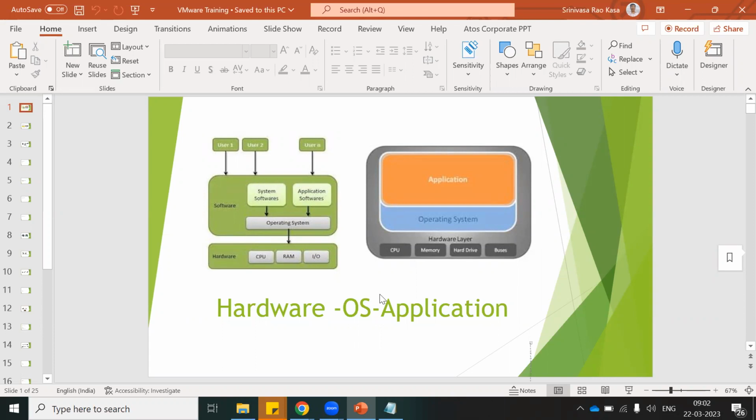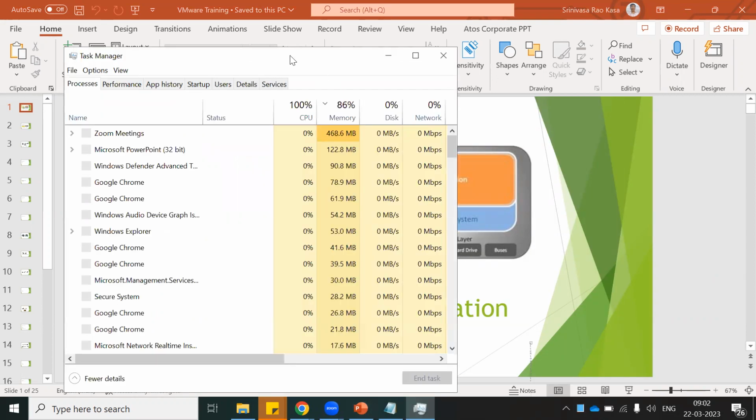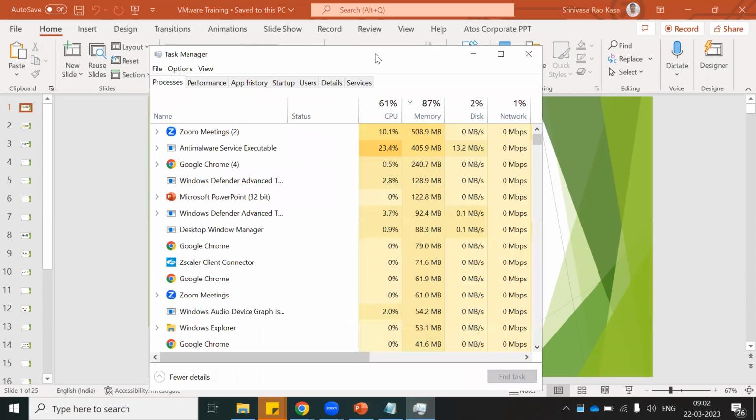For example, I'm using a laptop. On this laptop I'm using Windows 11 on laptop hardware. How many applications are using the same OS layer? What resources does each application layer share?